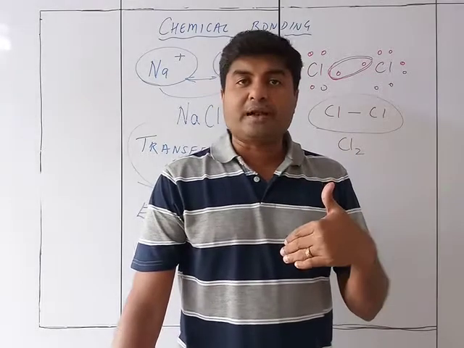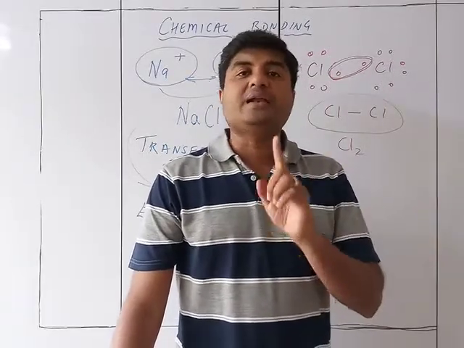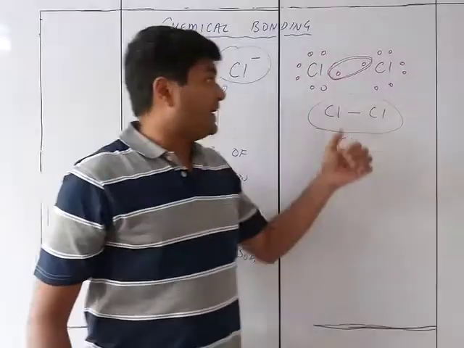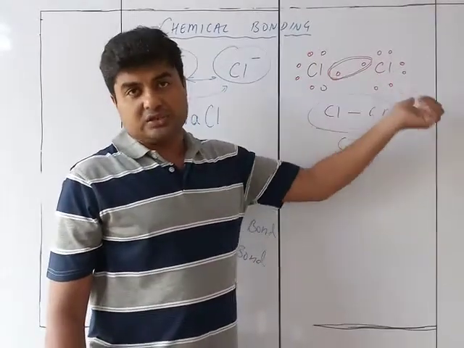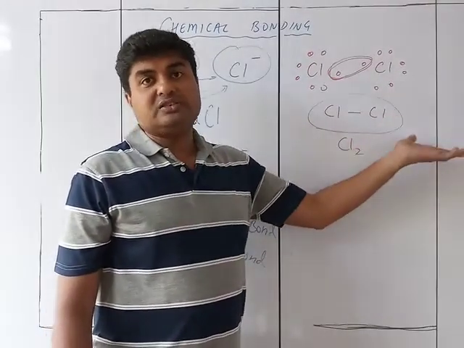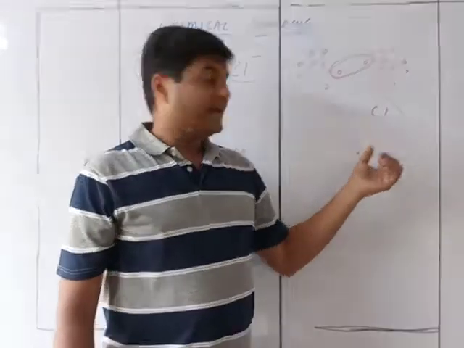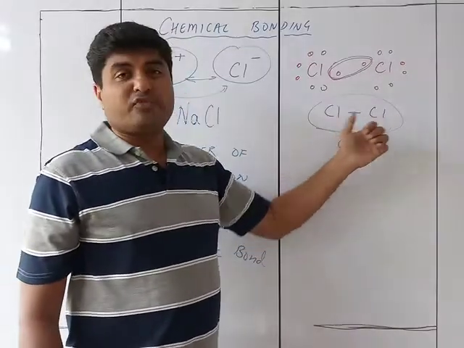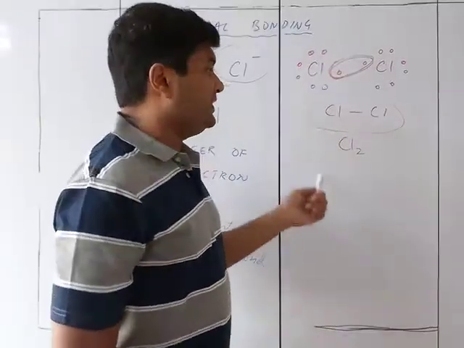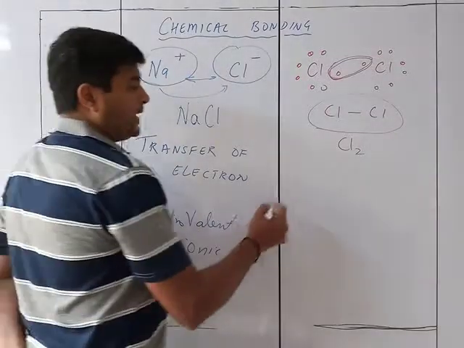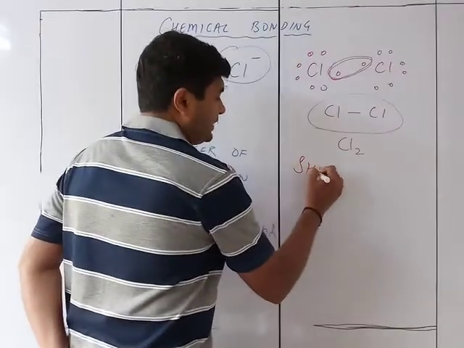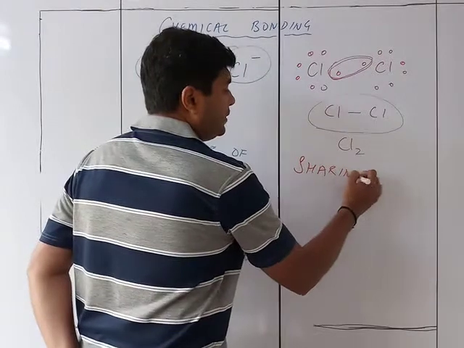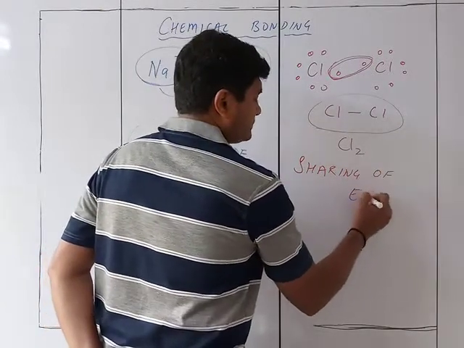Non-metals can accept electron if it is available, but if the electrons are not available, they can share electrons with each other and become a stable compound. So that is why the formation of chlorine molecule is going to be there, which is nothing but due to sharing of electrons.